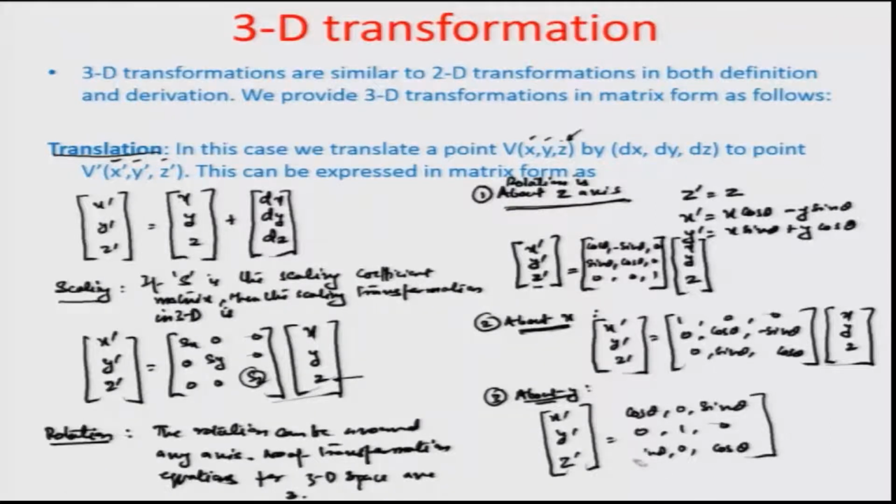Let me rewrite this part again, so that there is no confusion, minus sin theta times of x y z.